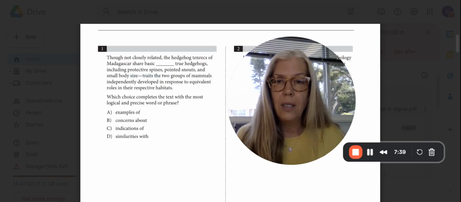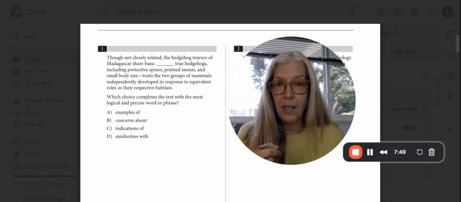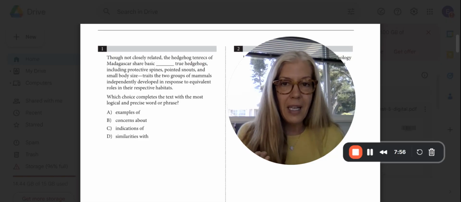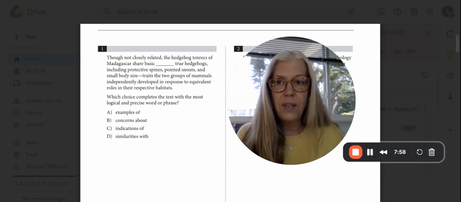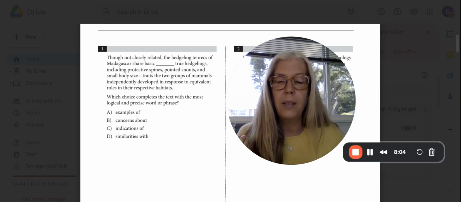Share basic traits with true hedgehogs, including protective spines, pointed snouts, and small body size. Number one, I'm using one of their words against them. I know it's a fit. And number two, I'm not changing the meaning of the sentence.